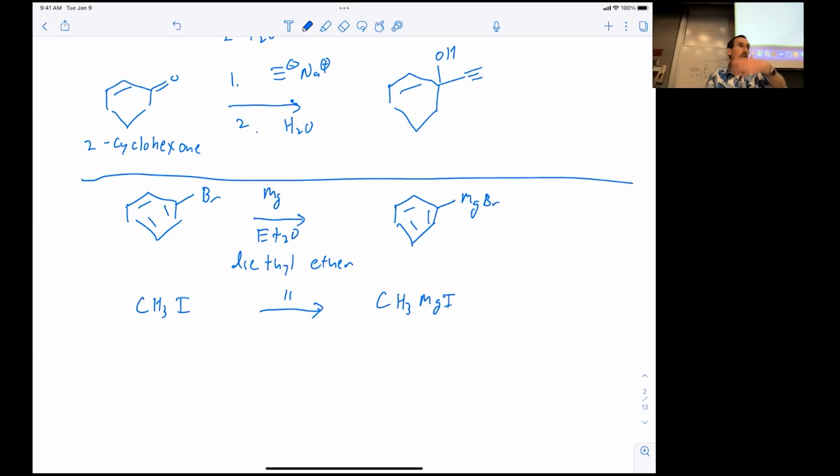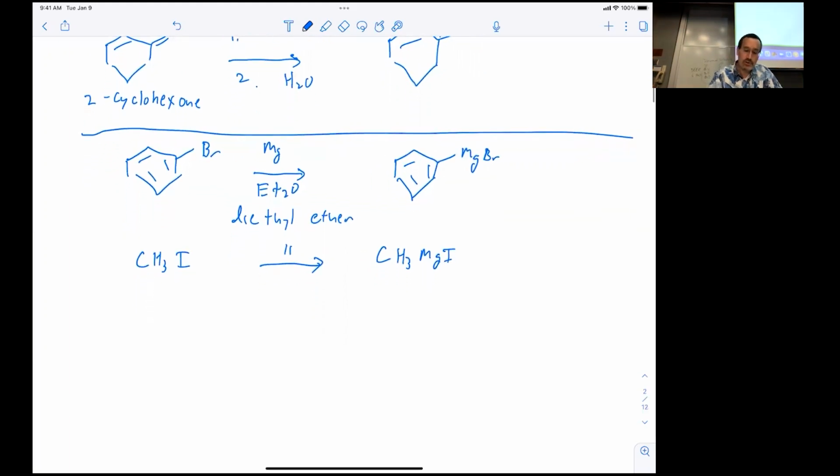And you'll notice, although I wrote the name phenyl magnesium bromide and I haven't explicitly written methyl magnesium iodide, you can see the trend here. So I don't need to write it. I showed you butyl lithium before. And so I'll show you a typical way in which it's generated.